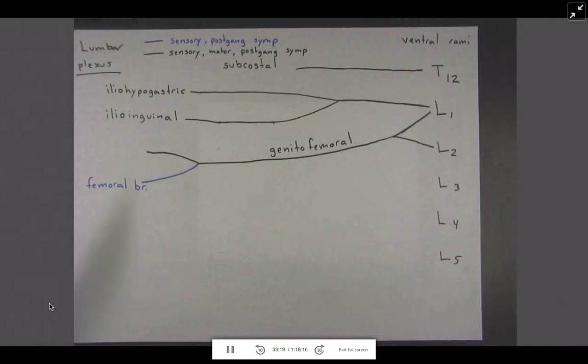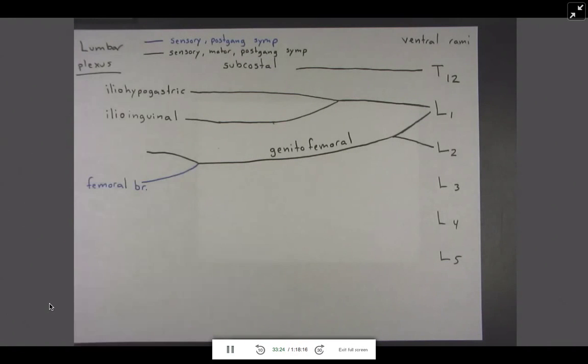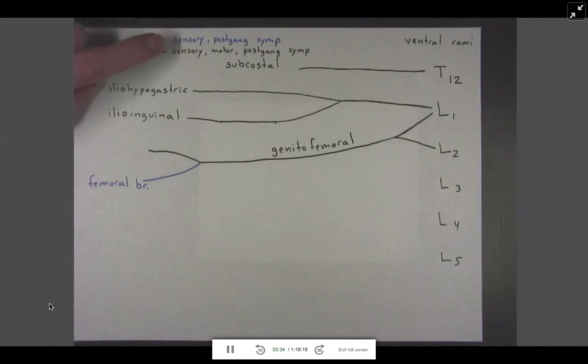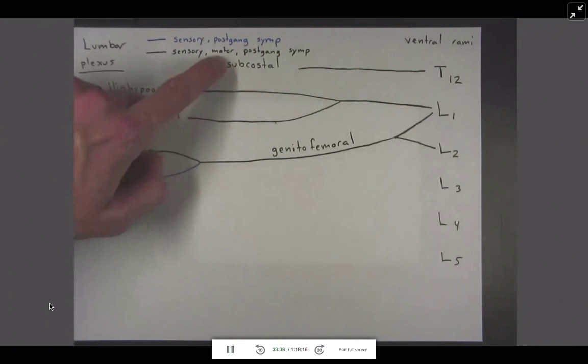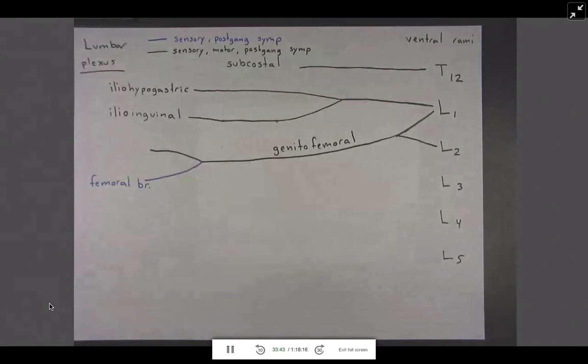But if you're asked to talk about these functions in terms of functional components, we need to have 3-letter abbreviations. I'm just keeping it casual. I'm being a bad role model. I'm just saying sensory, motor, and postganglionic sympathetic. But I know that you know that these are somatic sensory, somatic motor, and then GVE, postganglionic sympathetic. Okay.